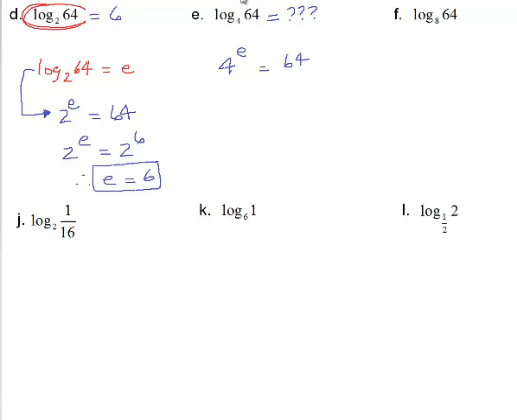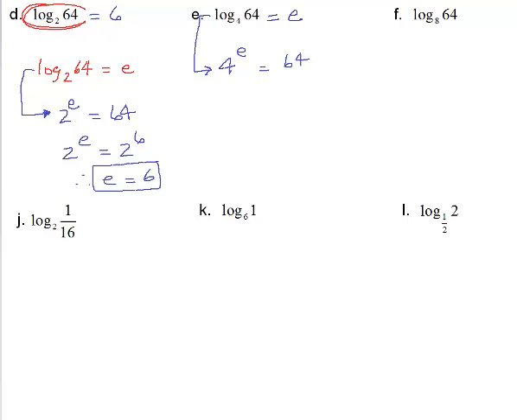All you need to do anytime there's no variable present in a log one is let it equal a variable, of course we're letting it equal e, and switch from log form to exponential. And again, 4 raised to what power is 64? Well, you know 4 squared is 16. Multiply that by 4 again, you get 64. So our answer will be 3. 4 to the power of 3 is 64.